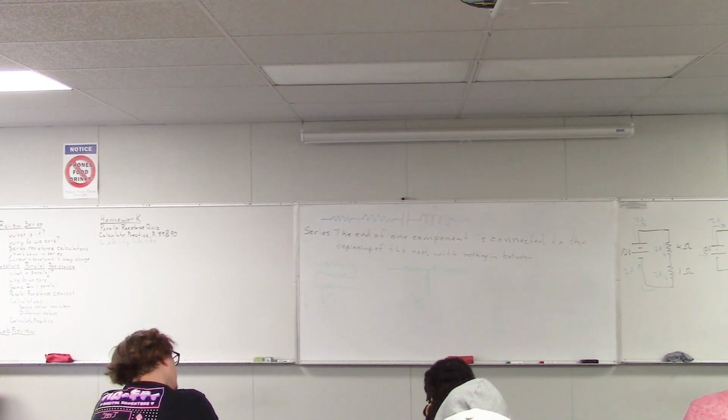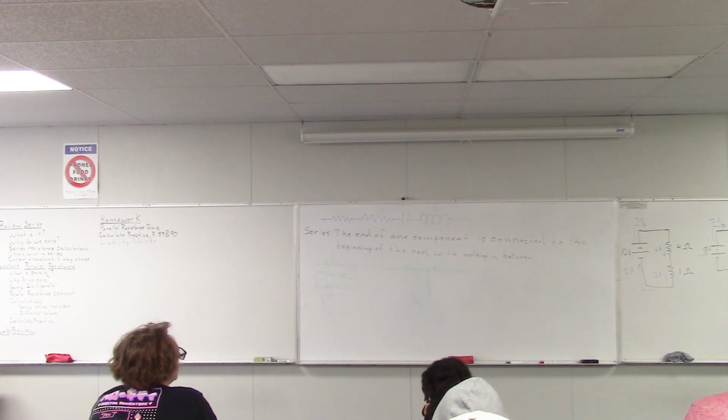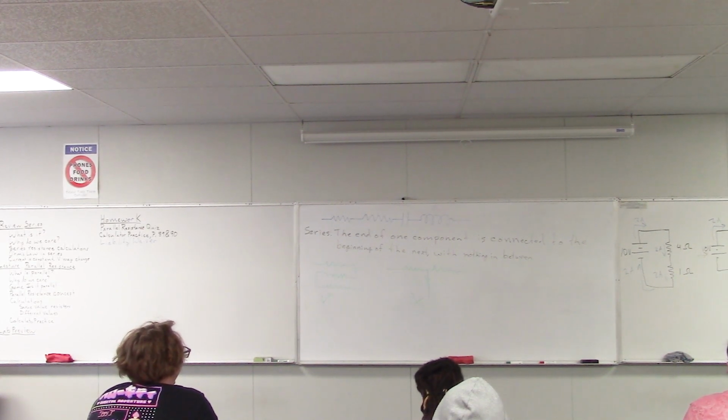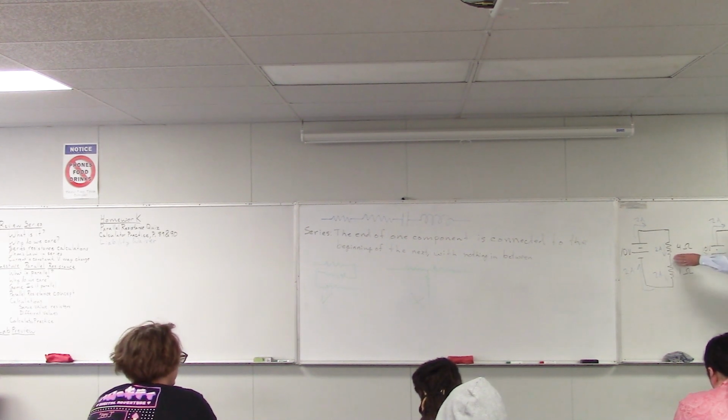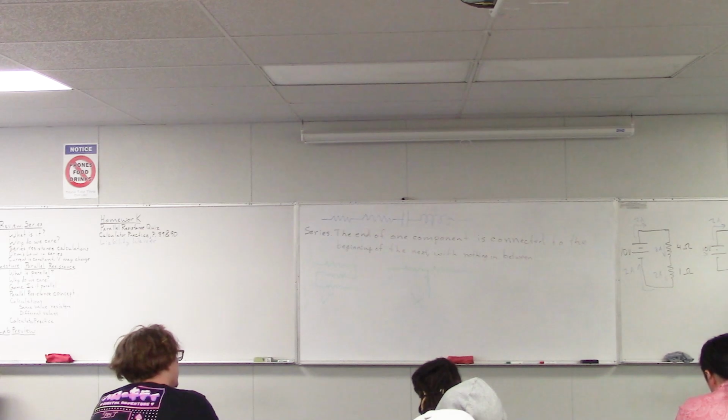So can we figure out the voltage across them? Yes. And what law do we use for that? Ohm's law. Perfect. So here we want to figure out the voltage. So we write down V equals, we cover that up, we see that it's I times R. So for this first one, what would be the current?